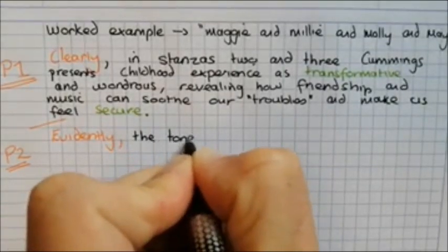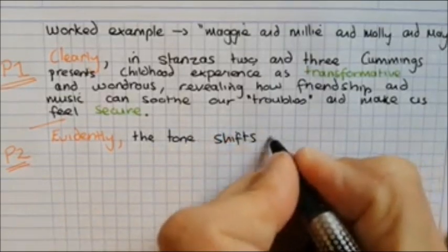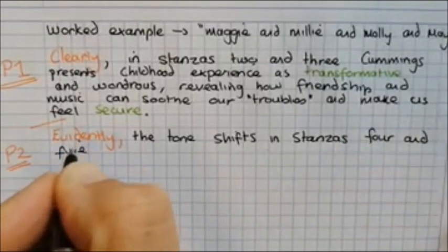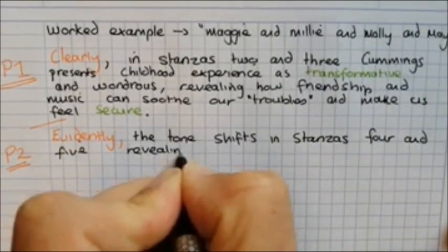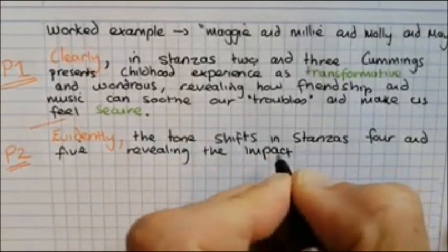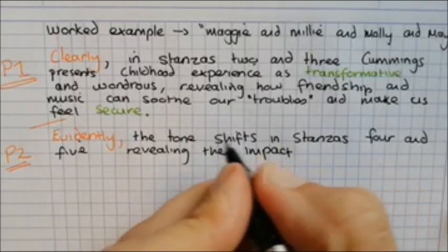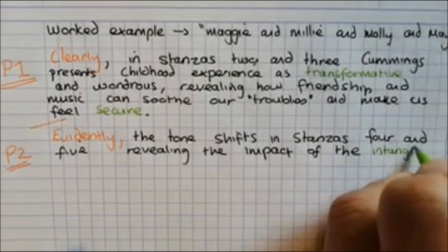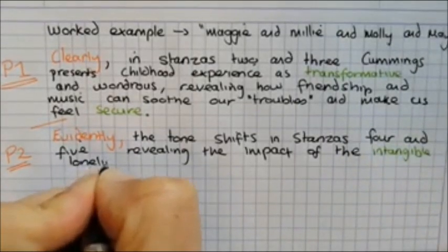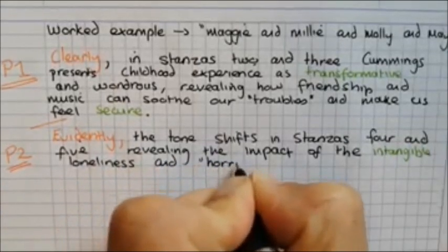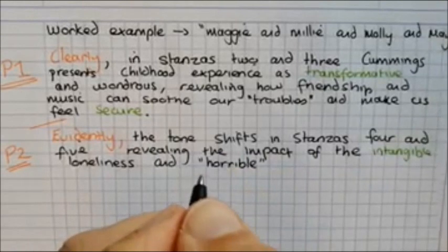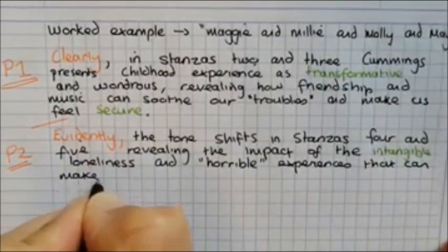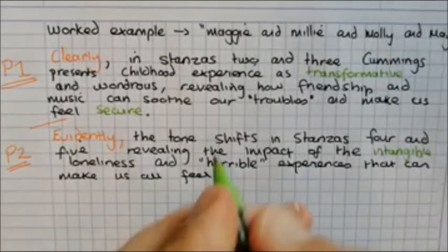Evidently, the tone shifts in stanzas 4 and 5, revealing the impact of, I'm going to go for intangible loneliness, loneliness and horrible experiences that can make us all feel vulnerable.